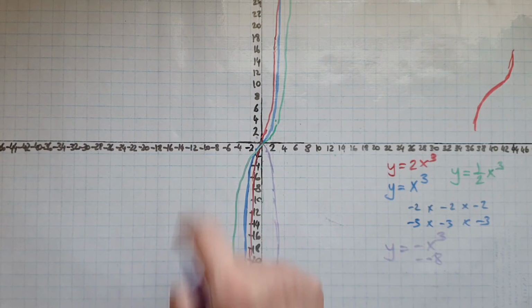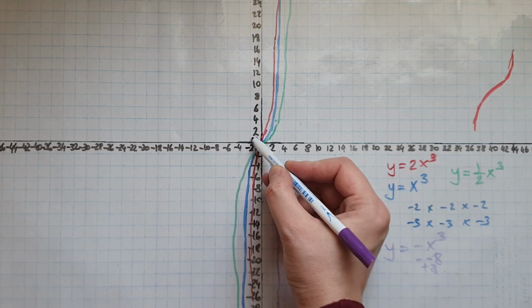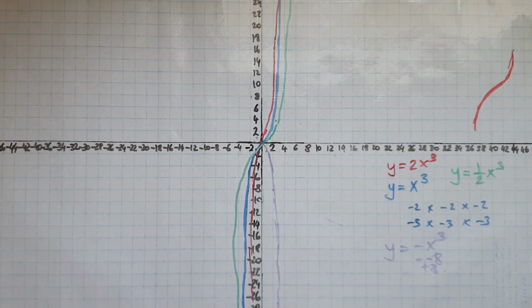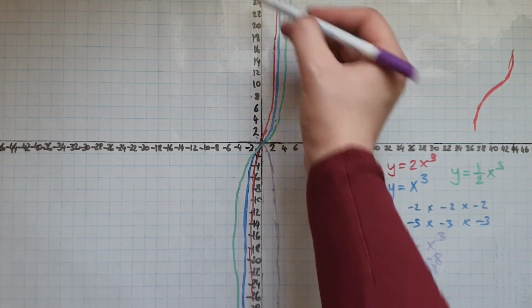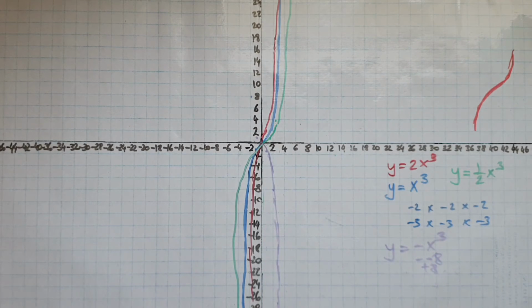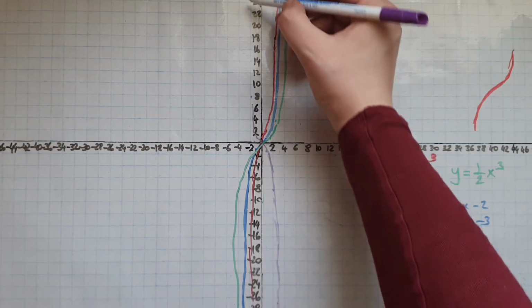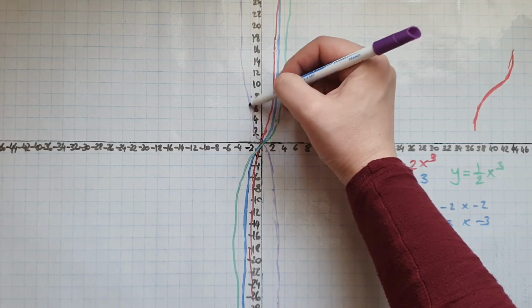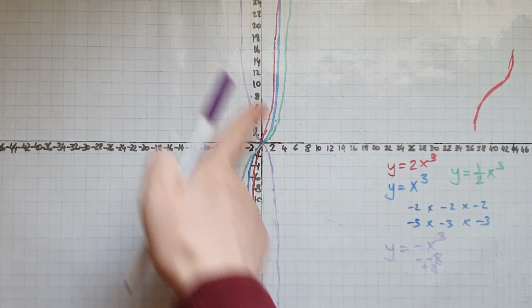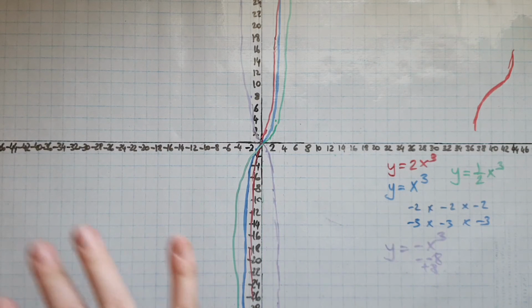So that gives us a +8. So -2, +8, and you can guess that it's going to be +27. So -3, +27. So as you can see, this has gone completely on the other side now.